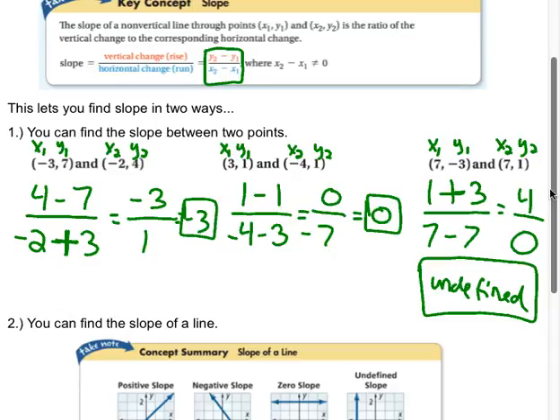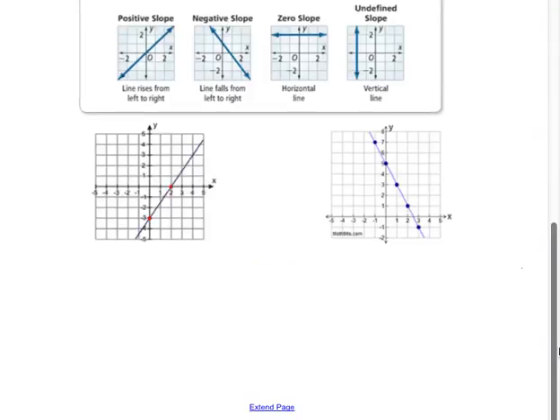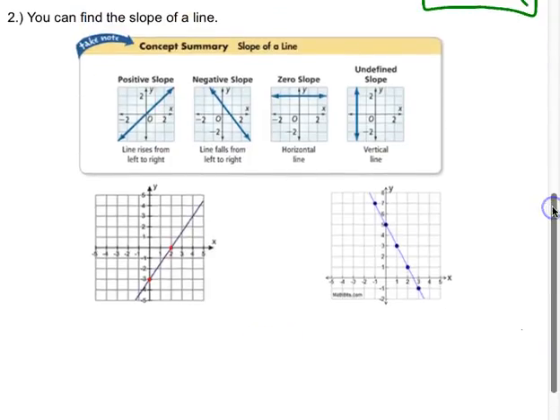The other way that we learn to do slope is thinking of it as rise over run. That is more of a graphical representation of slope. So the next bit that I want to show you is graphically, how can you look at slope? Again, you're thinking rise over run.